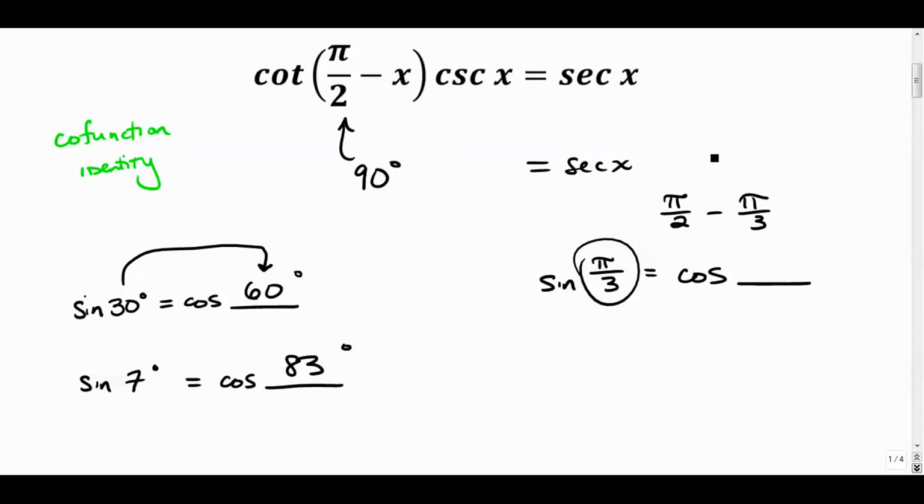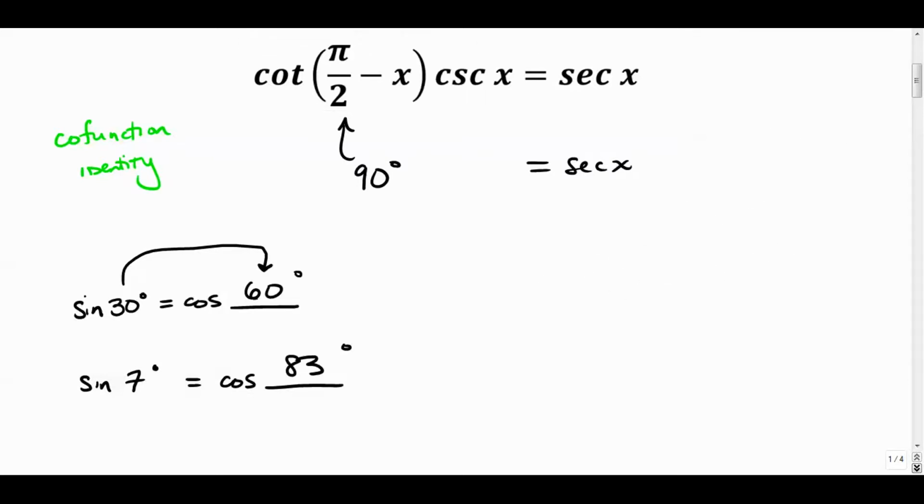Well, that's going to be 3 pi over 6 minus 2 pi over 6. I want common denominators. That's, of course, going to be pi over 6. All right, and that makes sense. Pi over 3 is 60 degrees, pi over 6 is 30 degrees. So if we're thinking in terms of radians or degrees, we should be able to get the same types of answers. So in any event, sine and cosine are cofunctions.